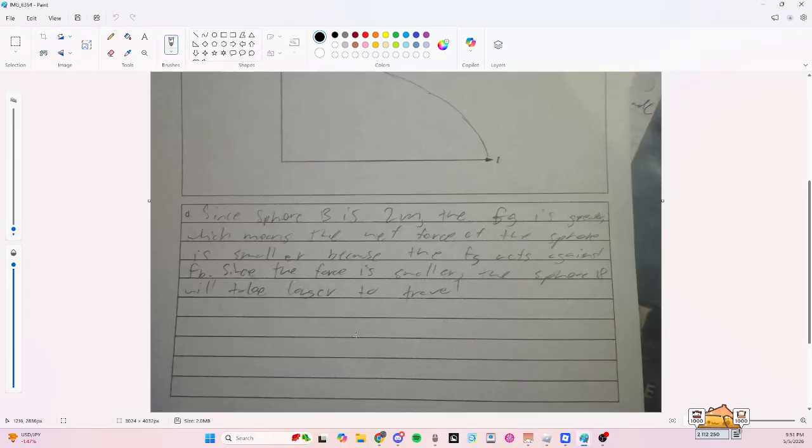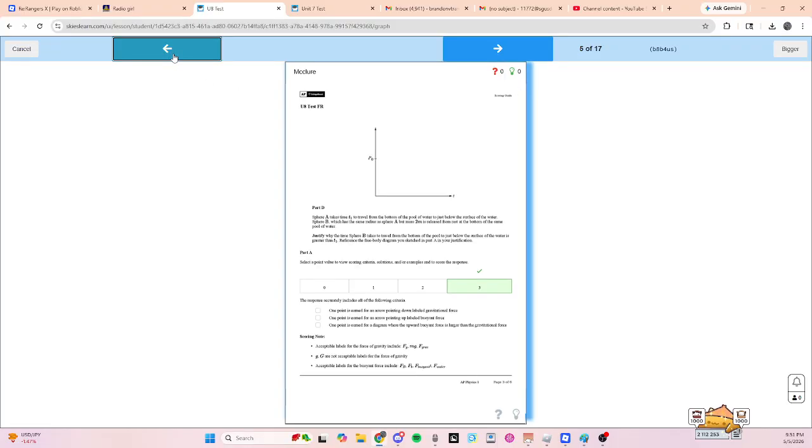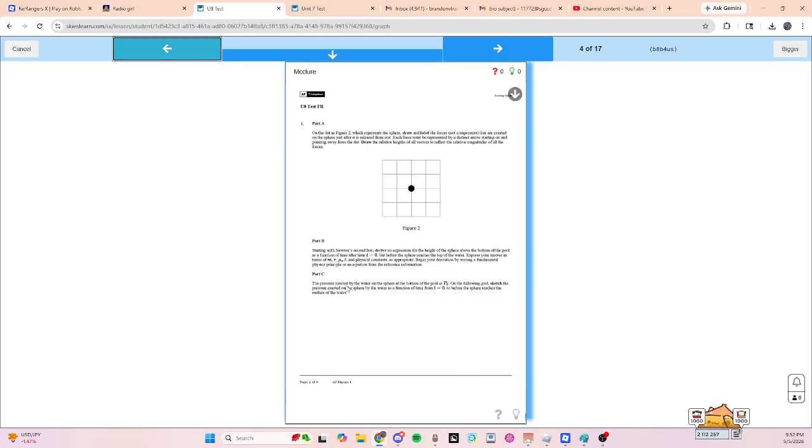Okay, next, part C. The pressure exerted by the water on the sphere at the bottom of the pool is P0. On the following grid, sketch the pressure exerted on the sphere by the water as a function of time t before it reaches the surface.